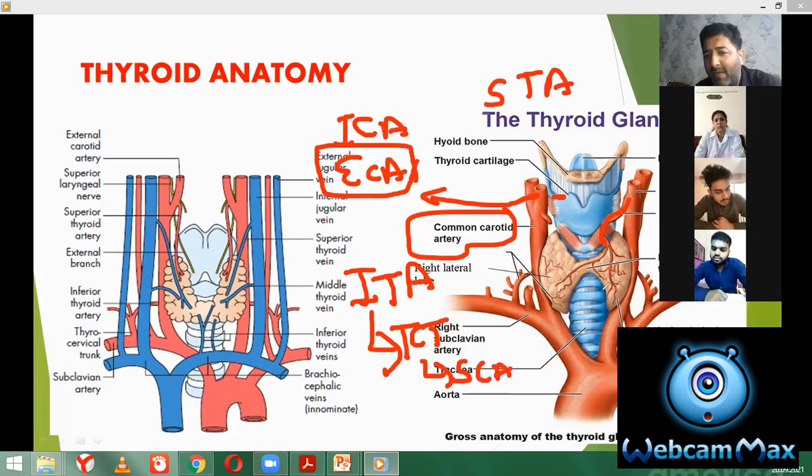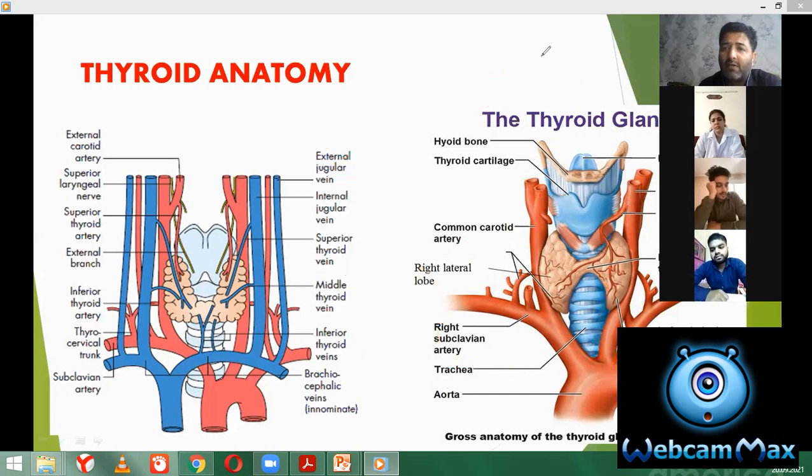And sometimes a thyroidea ima artery comes out directly from the arch of aorta. So you have to remember three arteries: superior thyroid artery, inferior thyroid artery, and thyroidea ima. Superior thyroid artery, branch of which artery? External carotid artery. Inferior thyroid artery, branch of which artery? Thyrocervical trunk.